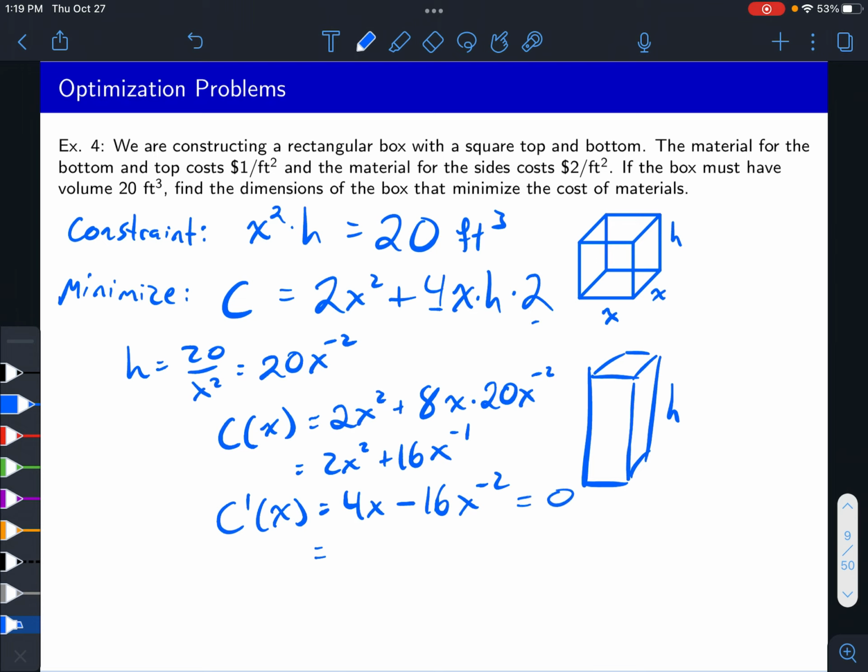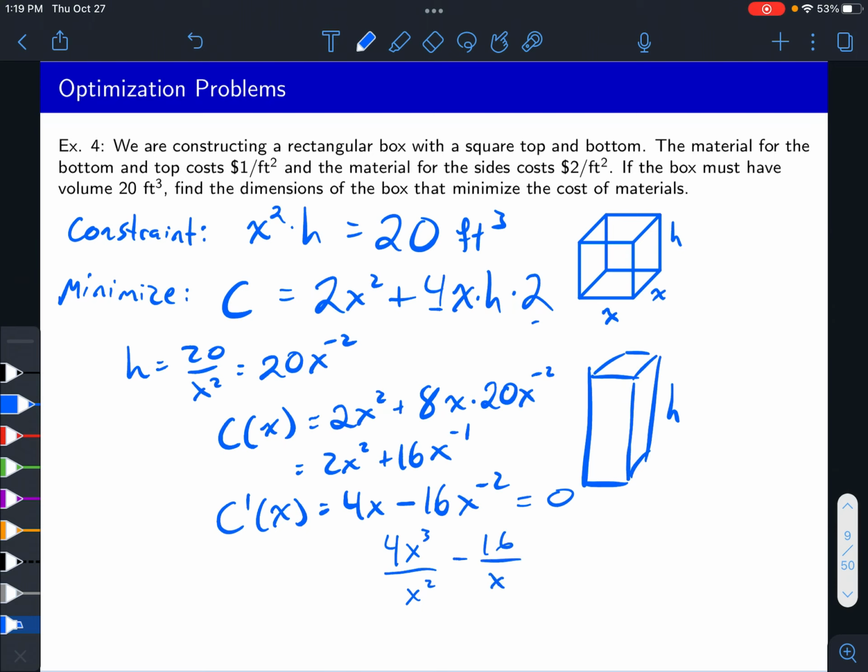And we want to set this thing equal to 0. So what's the easiest way to go about doing this? Do I want to combine that, or do I want to do that? Okay, I'll just combine that into a single fraction. So 4x is equal to 4x cubed over x squared, right?